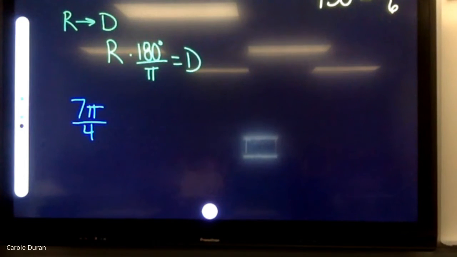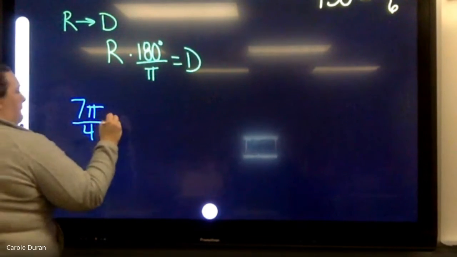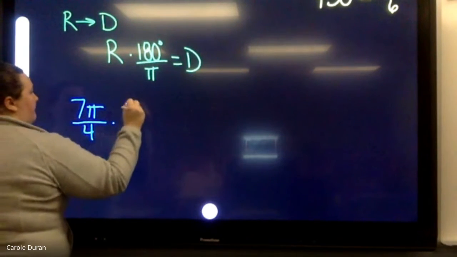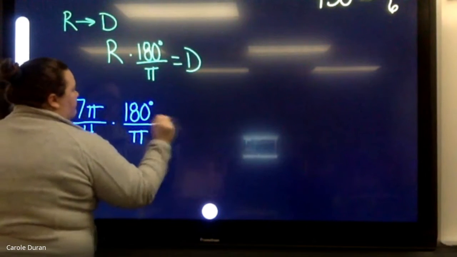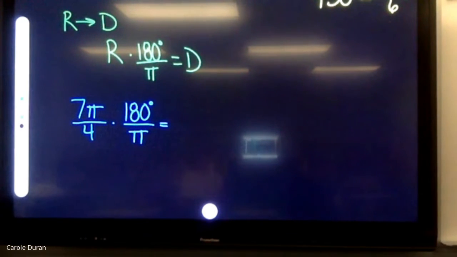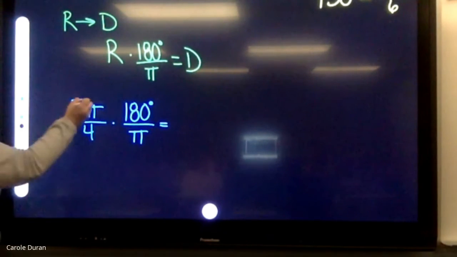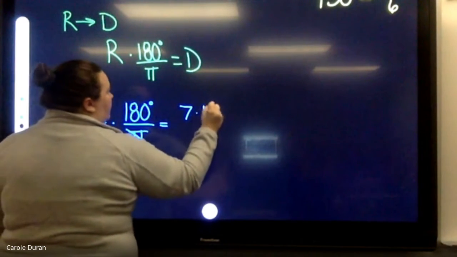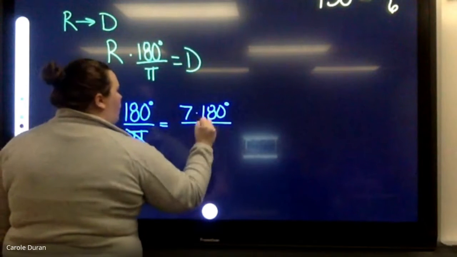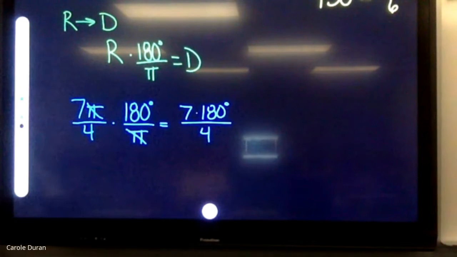First thing I'm going to do is I'm going to multiply by what? 180 over pi. As I'm looking at this, what do I notice? The pi's cancel. And then I just have to do the 7 times 180 over 4 and reduce as far as possible.